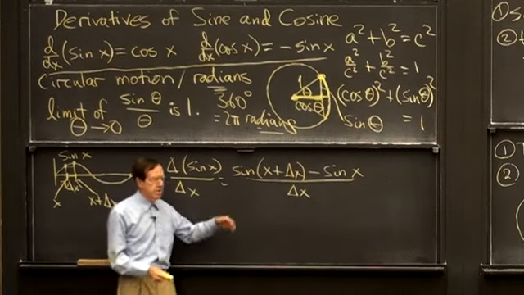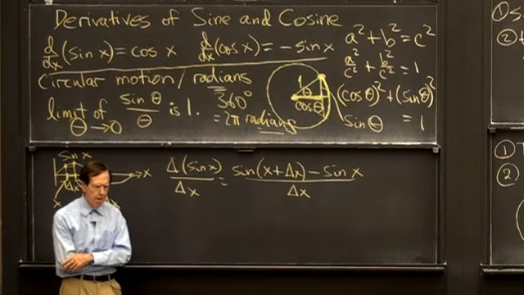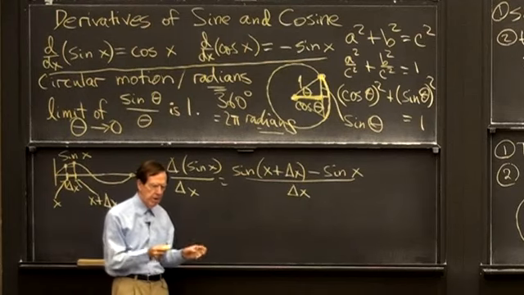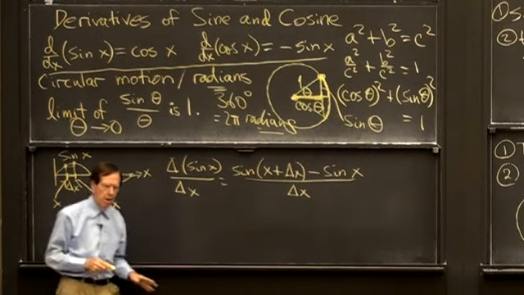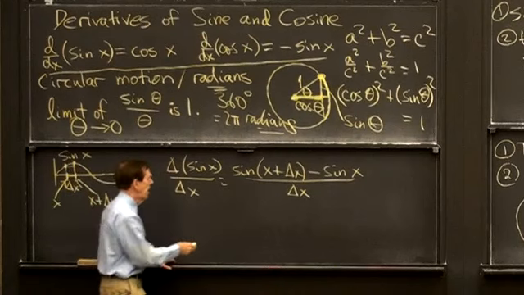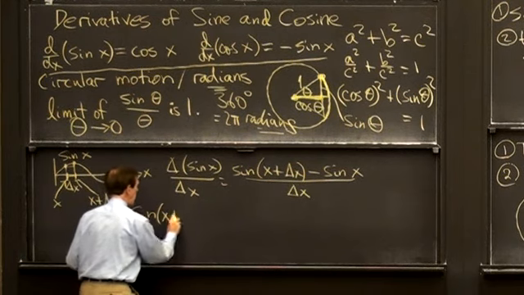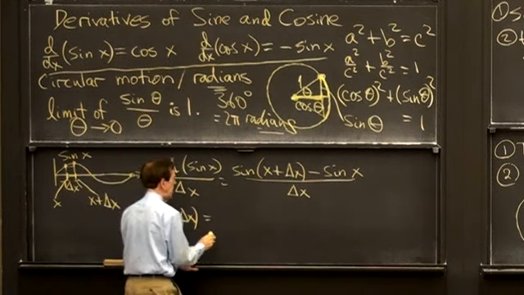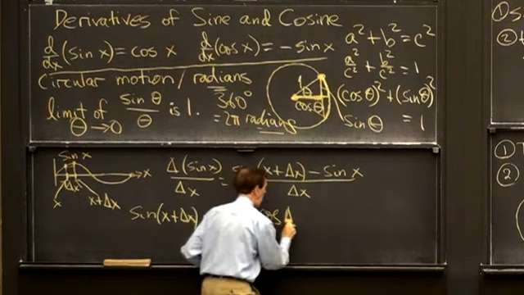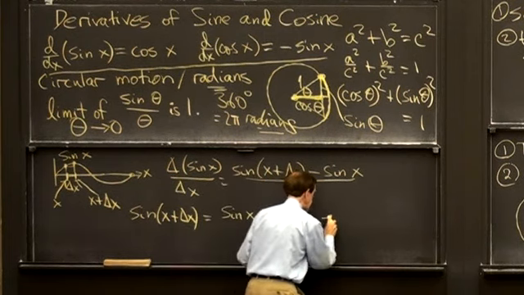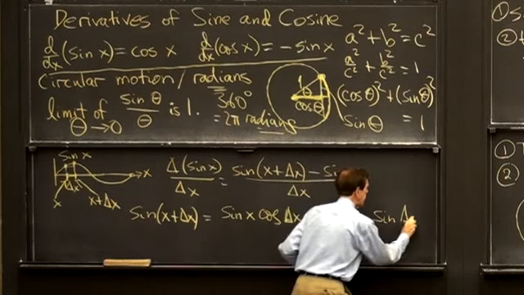So again, we can't simplify totally by just dividing the delta x in. We've got to go back to trigonometry. Trig had a formula for the sine of a plus b. When two angles are added, there's a neat formula for it. Can I remind you of that formula? It is the sine of the first angle times the cosine of the second, minus the cosine of the first angle times the sine of the second.